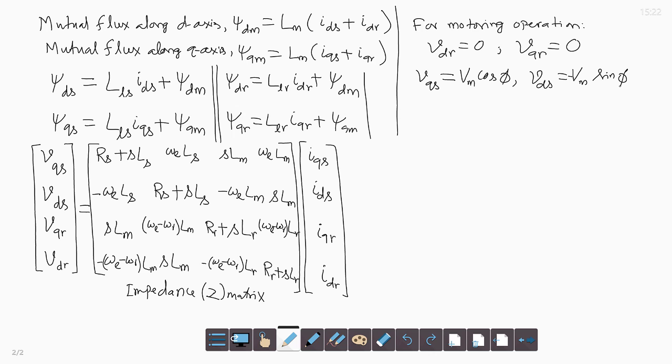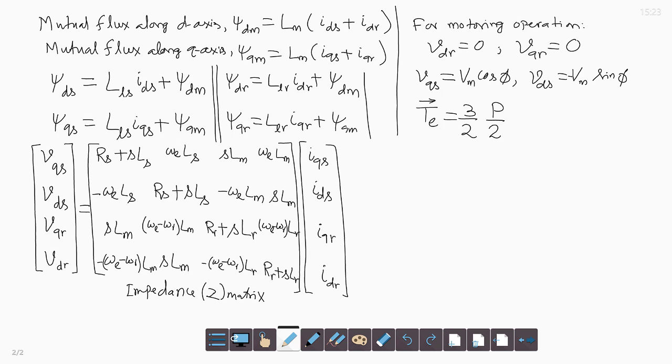Torque. As you know, electromagnetic torque T E is produced by the interaction of the flux and current. So, let us treat T E as a vector. 3 by 2 comes from the reference frame transformation, the reference frame multiplier, and P by 2, where P is the number of poles, comes because the number of pole pairs has to be considered.